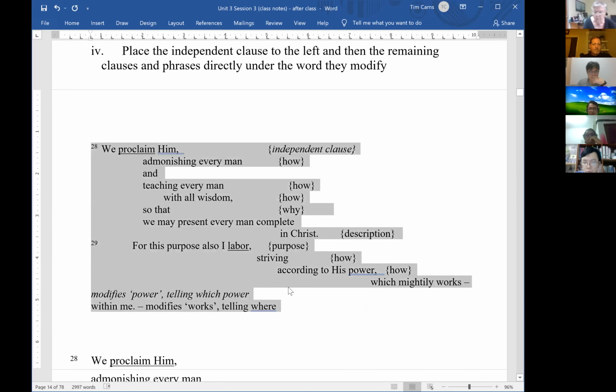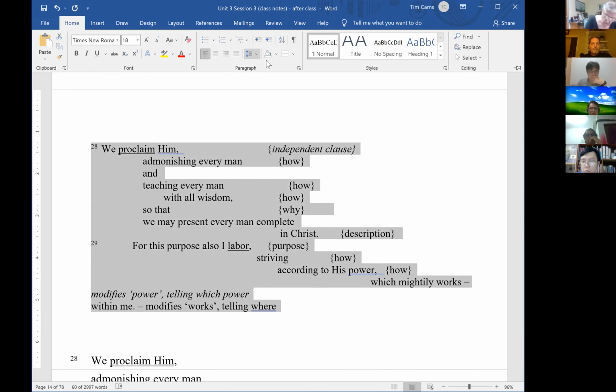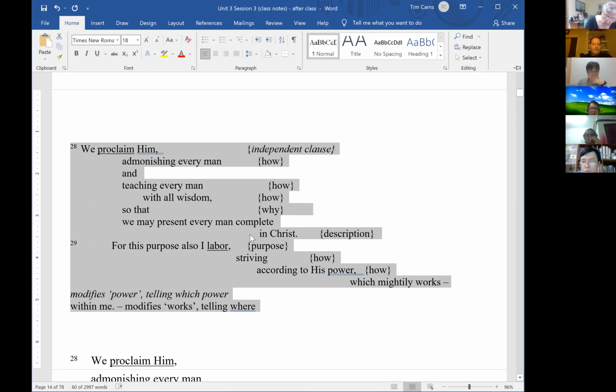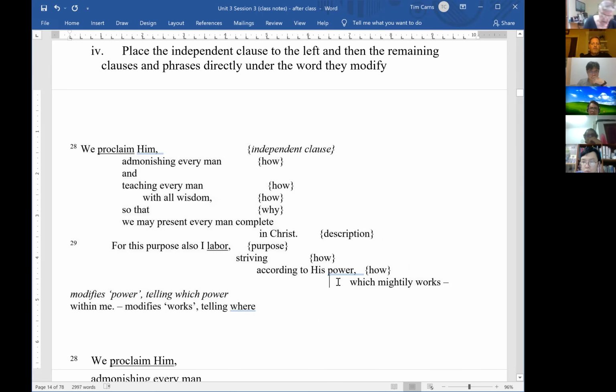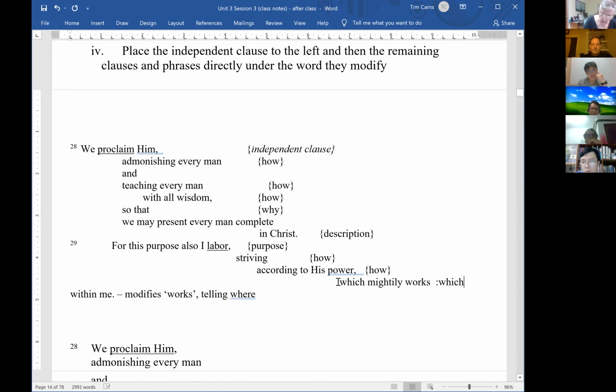Let's see if I can move this over as well. All right, which power? The power which mightily works. Okay, so that's which power. And we have, again, a relative pronoun there, "which," that helps us to know how it's functioning here. Which within me, all right?